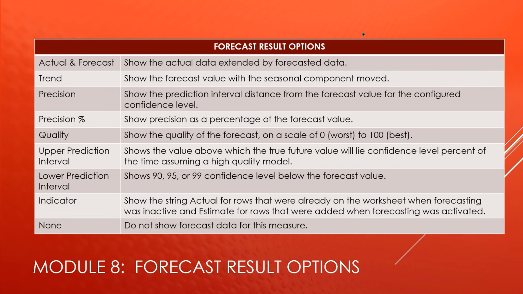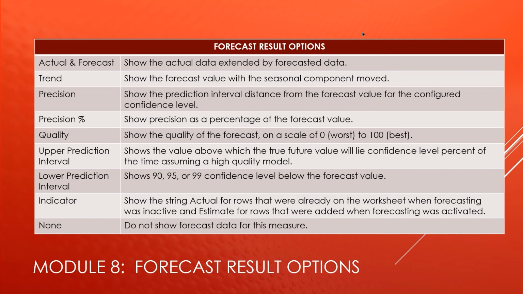Precision will show the predictive interval distance from the forecast value for the configured confidence level. The precision percent shows precision as a percentage of the forecast value. You have quality, which shows the quality of the forecast on a scale of 0, which would be the worst, to 100, which would be the best.